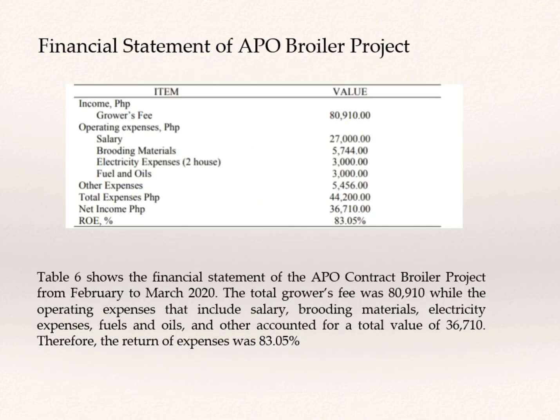So, let's move on to the financial statement of the APO Broiler Project. Table 6 shows the APO Contract Broiler Project from February to March 2020. The total grower's fee was 80,910, while the operating expenses that include salary, brooding materials, electricity expenses, fuels and oils and others accounted for a total value of 36,710.